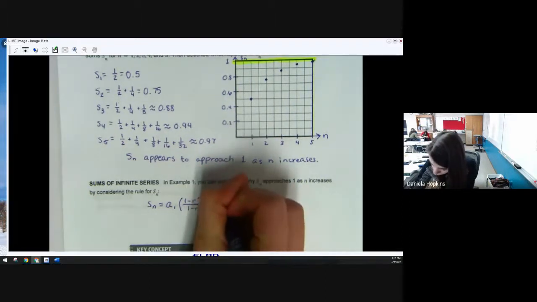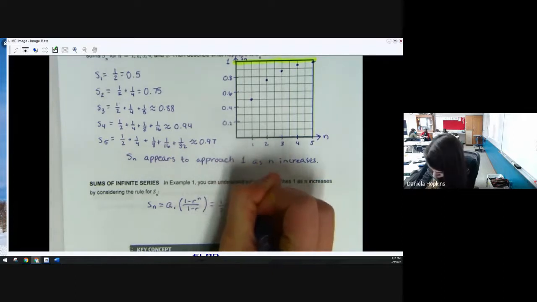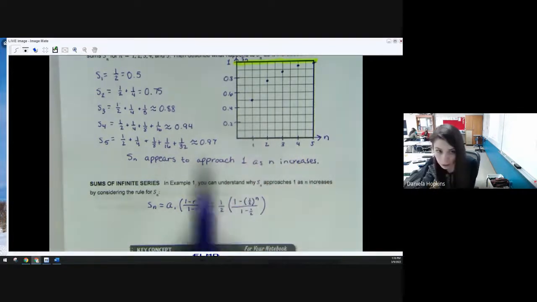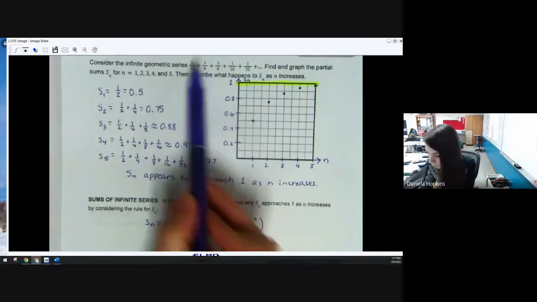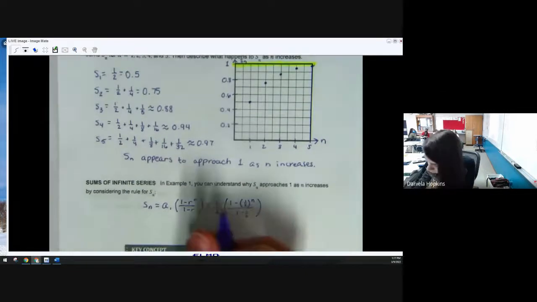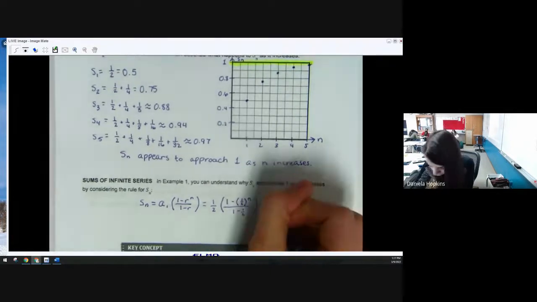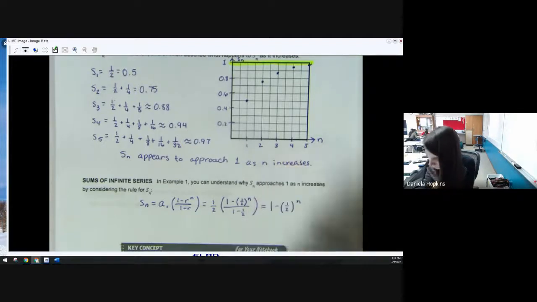Well, my first term was 1/2, and then it'd be 1 minus my rate, which is also 1/2, to the n over 1 minus 1/2. You would have gotten that rate by dividing the second term, 1/4, by 1/2, and you would have gotten 1/2. If you do some fancy algebra here, you can distribute it and simplify. This is actually equal to 1 minus 1/2 to the n.